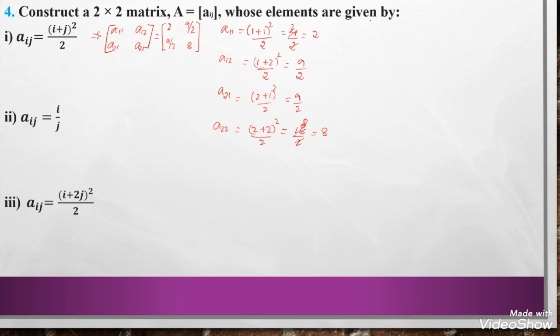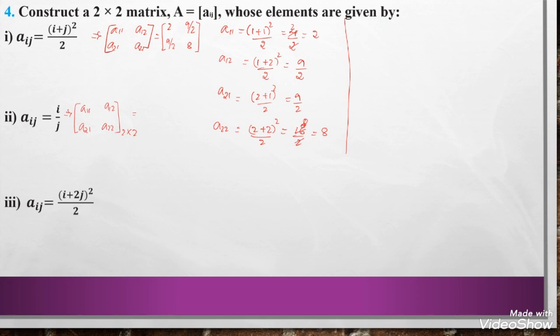Now again for the second one, Aij is equal to i divided by j. Here also there is a 2 cross 2 matrix. First write the matrix in general form, that is A11, A12, then for the second row, A21, A22. This is a 2 cross 2 matrix.